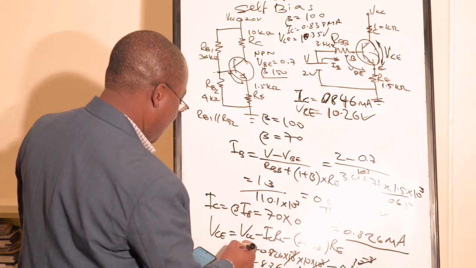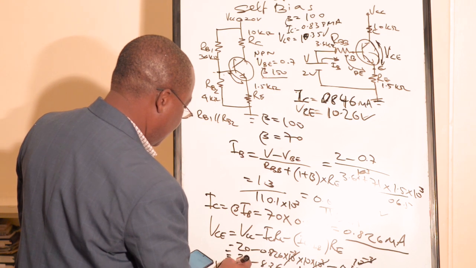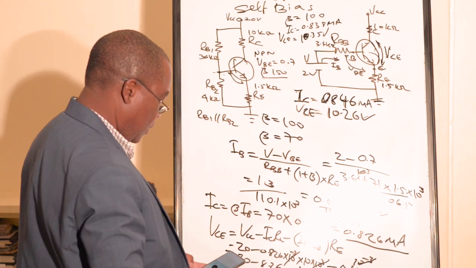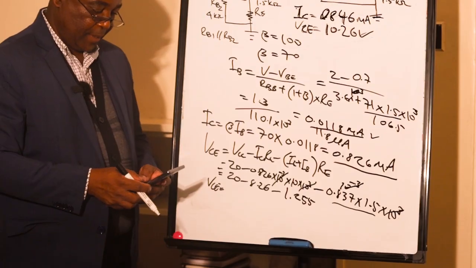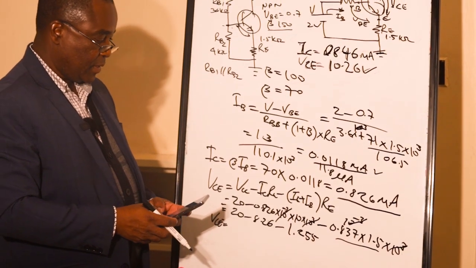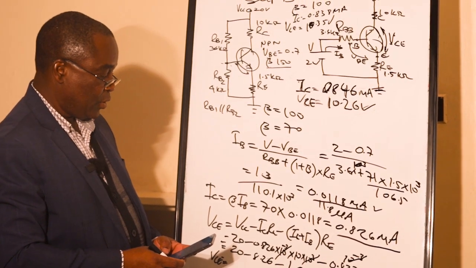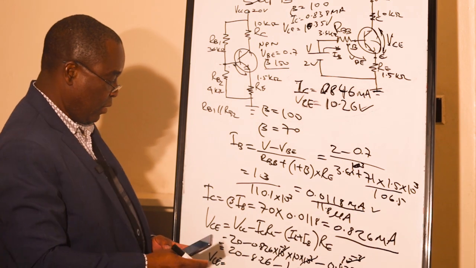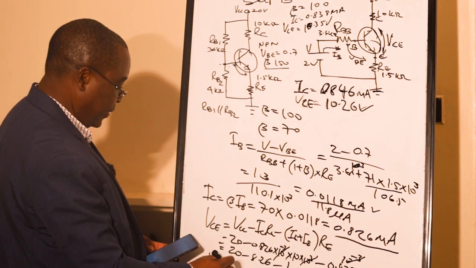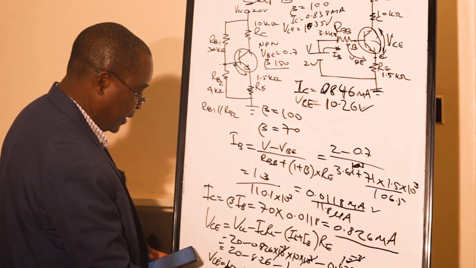So our VCE equals, we take 20 minus 8.26 minus 1.255. We have 10.48 volts here.